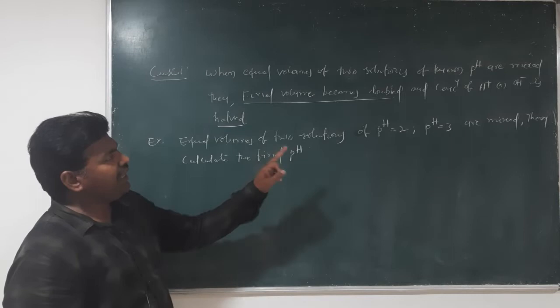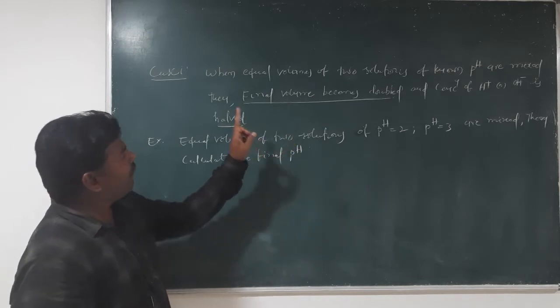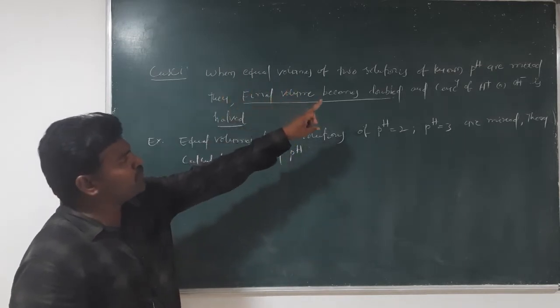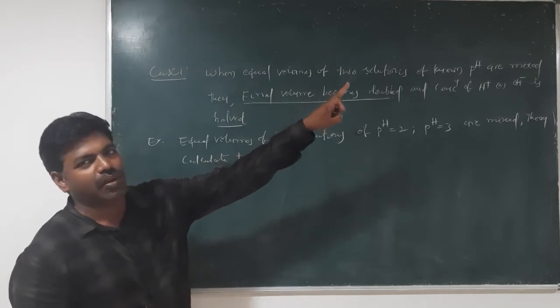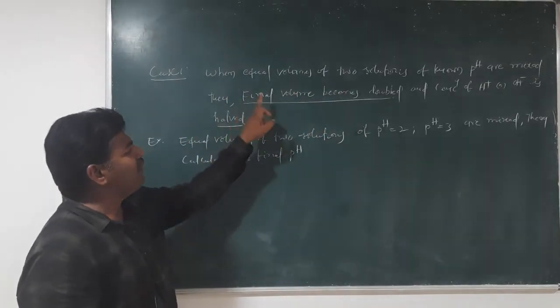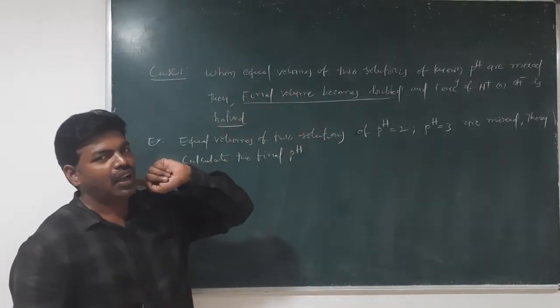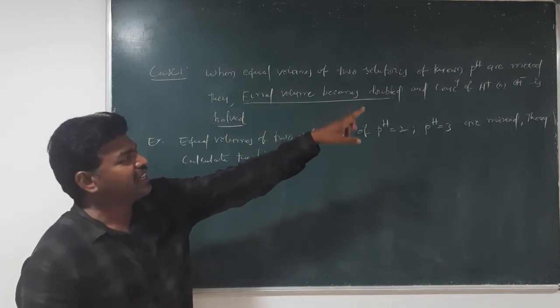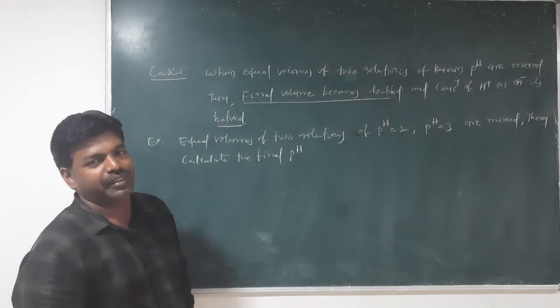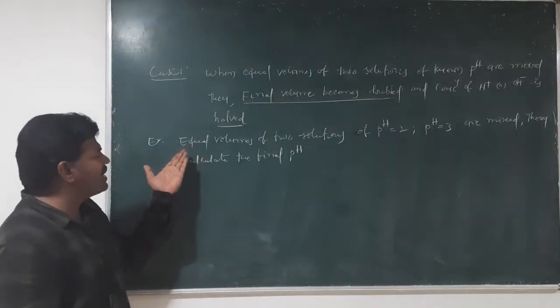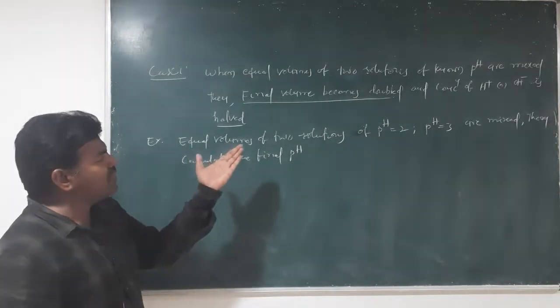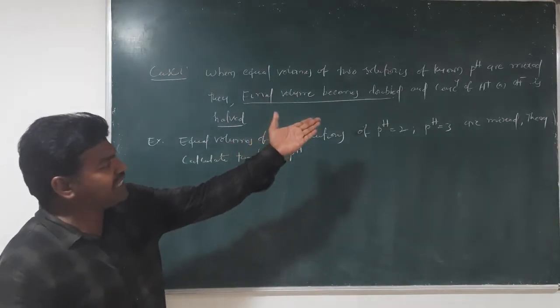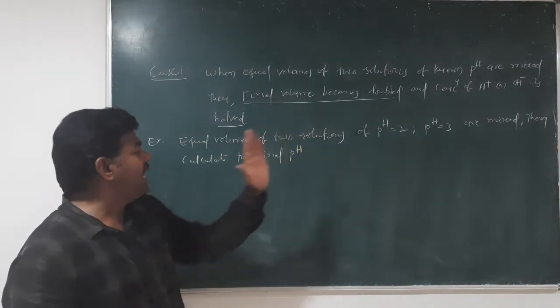Already I told you that when equal volumes of 2 solutions of known pH are mixed, the final volume becomes doubled and the concentration of H plus ions or OH minus ion is halved.